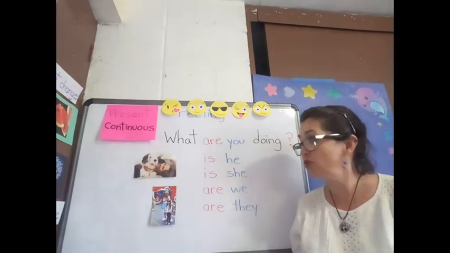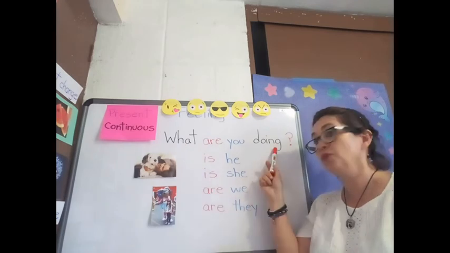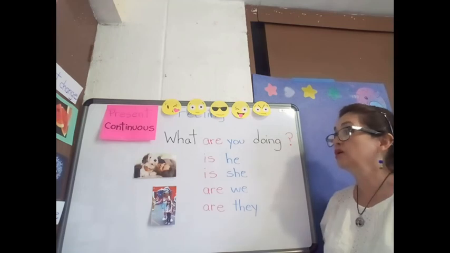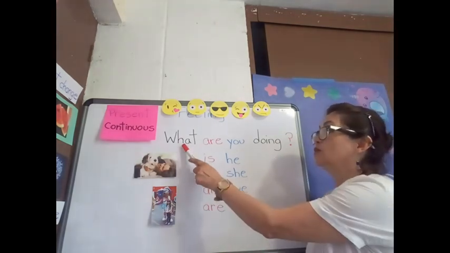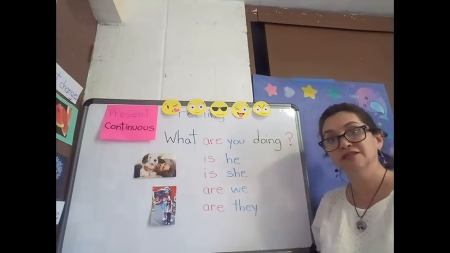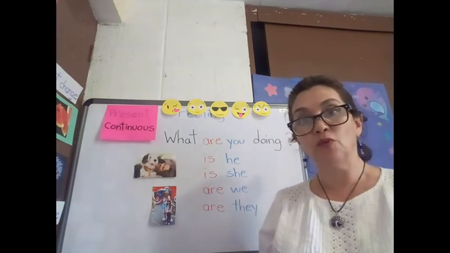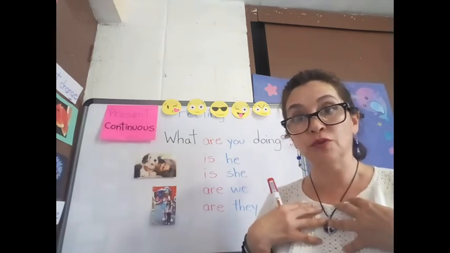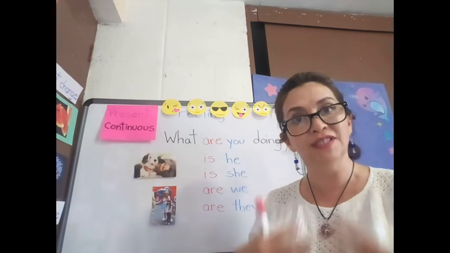Or we can also ask, what are we doing? Or about they, what are they doing? It's not very common to ask about me in first person, but we can also ask, what am I doing?